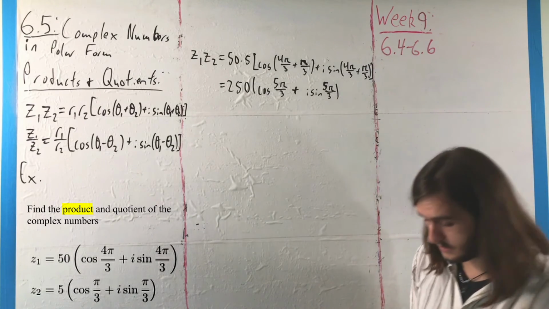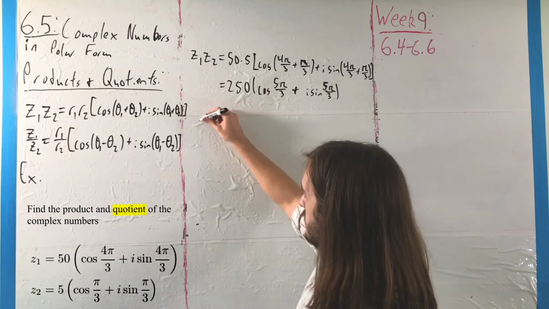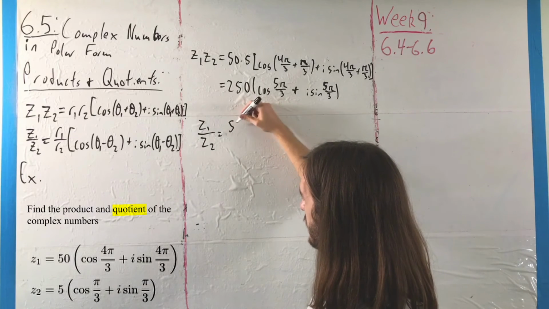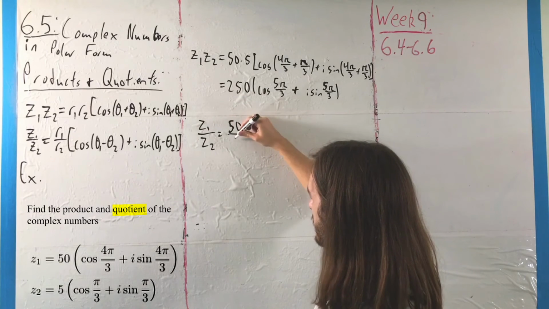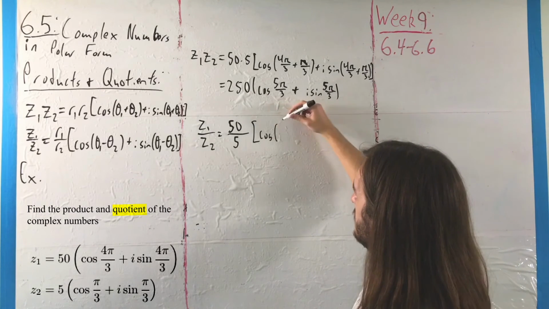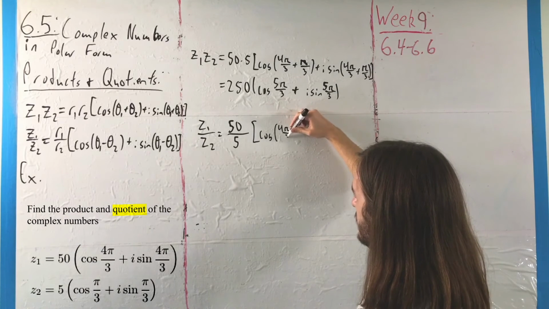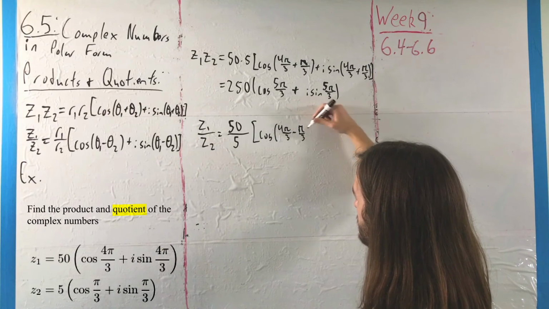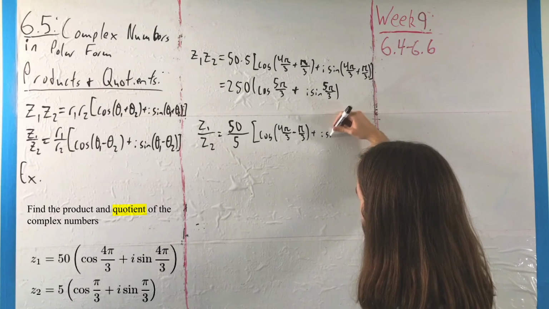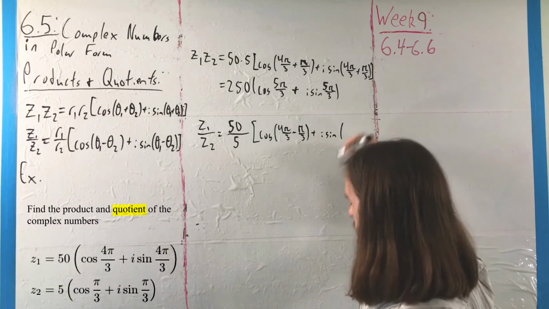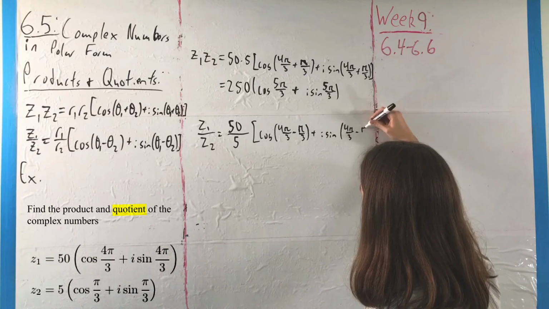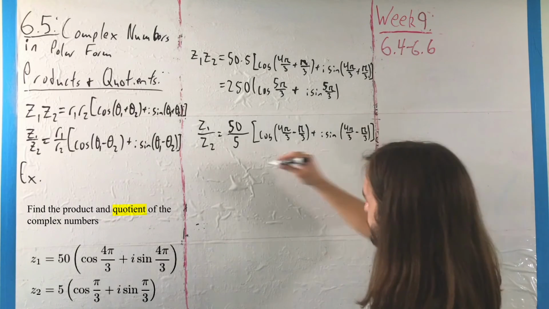For our second part, z1 over z2, we will just have r1, 50, over r2, 5, multiplied by cosine of 4 pi over 3 minus pi over 3 plus i sine of that same difference, 4 pi over 3 minus pi over 3.